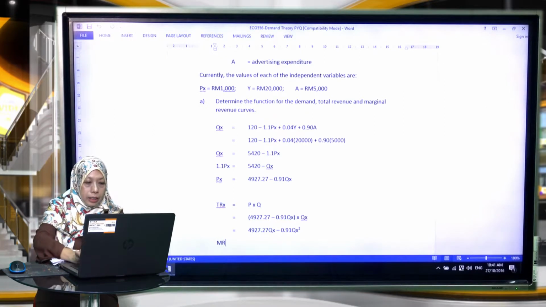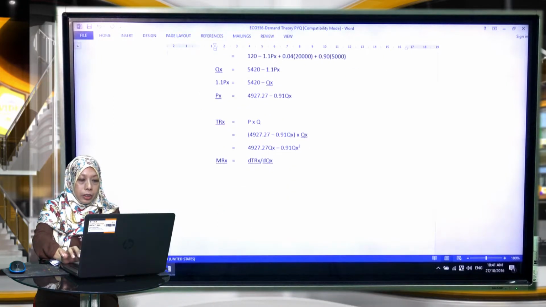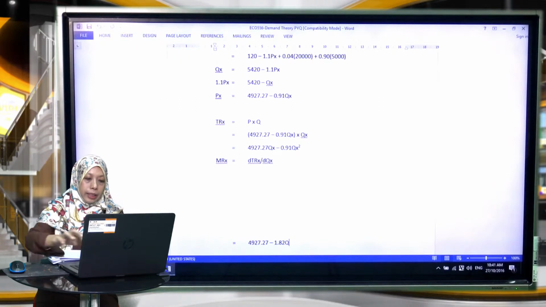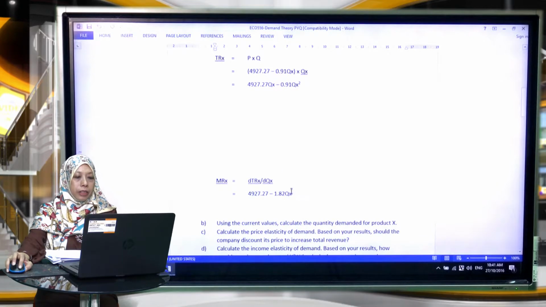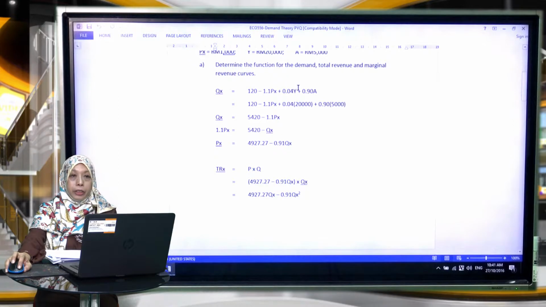And finally, the marginal revenue function for good X requires you to differentiate your total revenue function with respect to quantity of X. That will give you 4927.27 minus 1.82 Qx. This is your marginal revenue function. So this is how we derive the different functions.